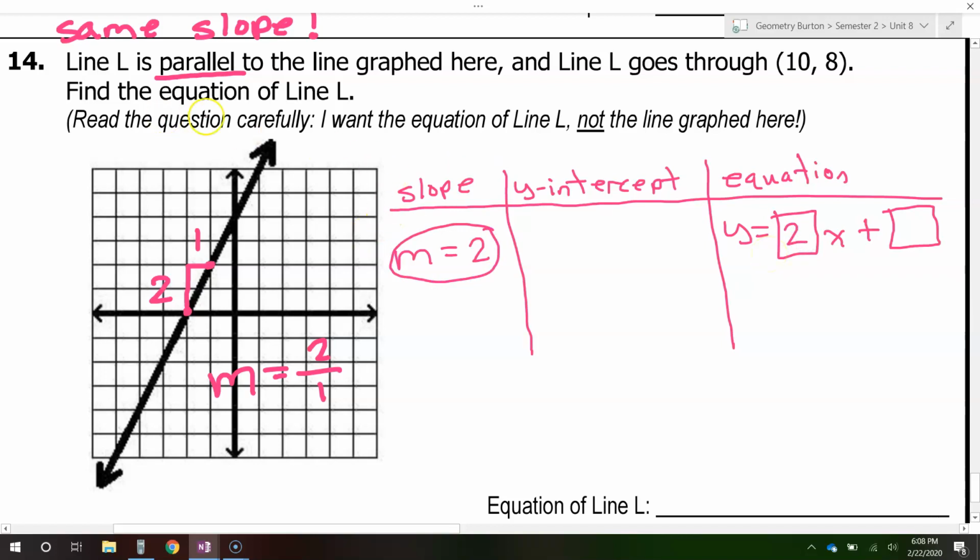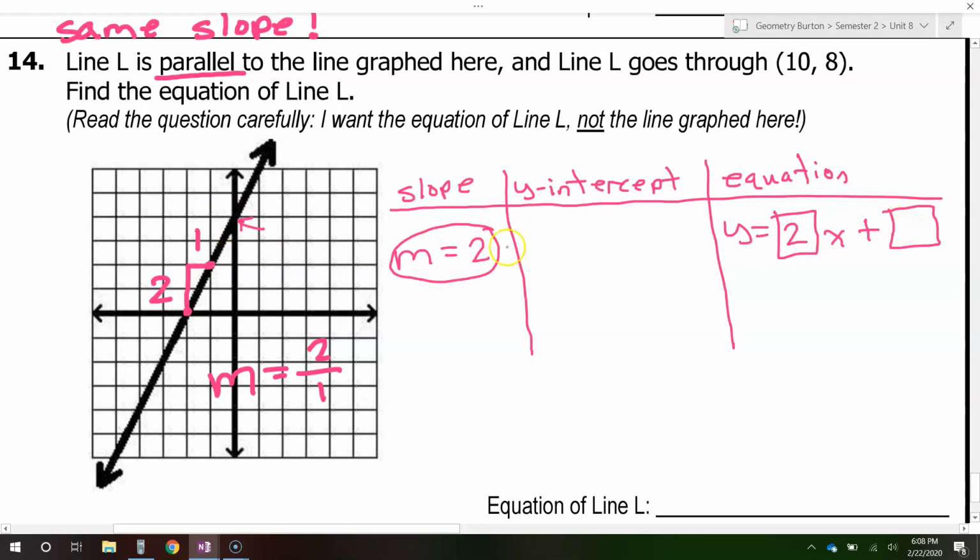Now do not get fooled. We are not finding the equation of this line. Line L is parallel to this line. It's not this line. I'm mentioning that because you might be tempted to look at the y-intercept right here and see that the y-intercept of this line is 4. So you might think that this will be a 4.